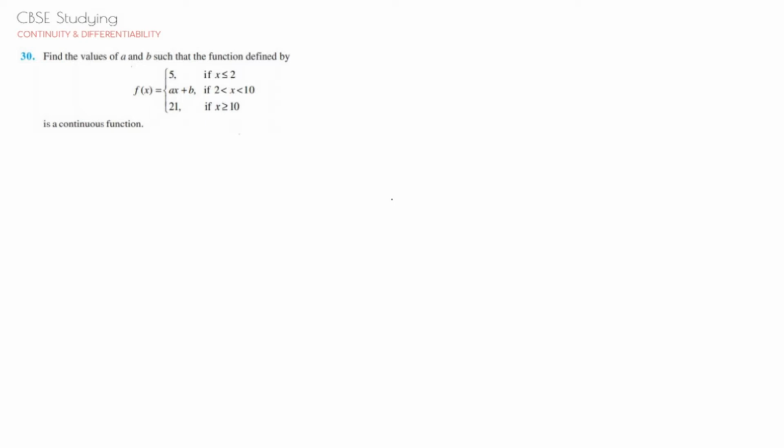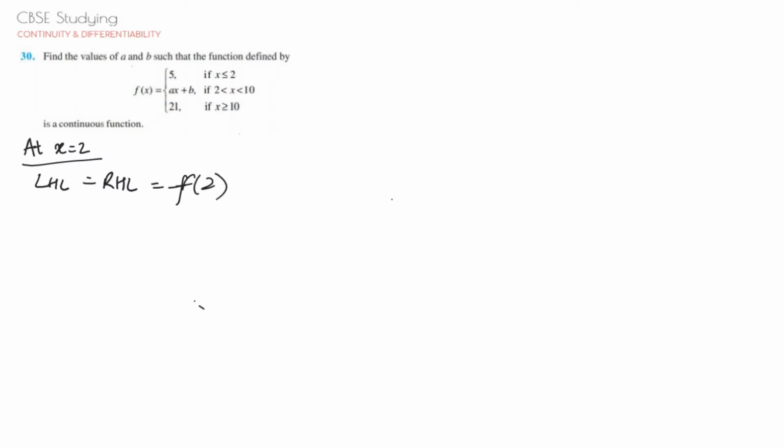So at x equals to 2, the function is continuous, right? So we can say that left hand limit is equal to right hand limit is equal to f of 2. Let me just write it. At x is equal to 2, if the function is continuous, we can say that LHL is equal to RHL is equal to f of 2. Alright.